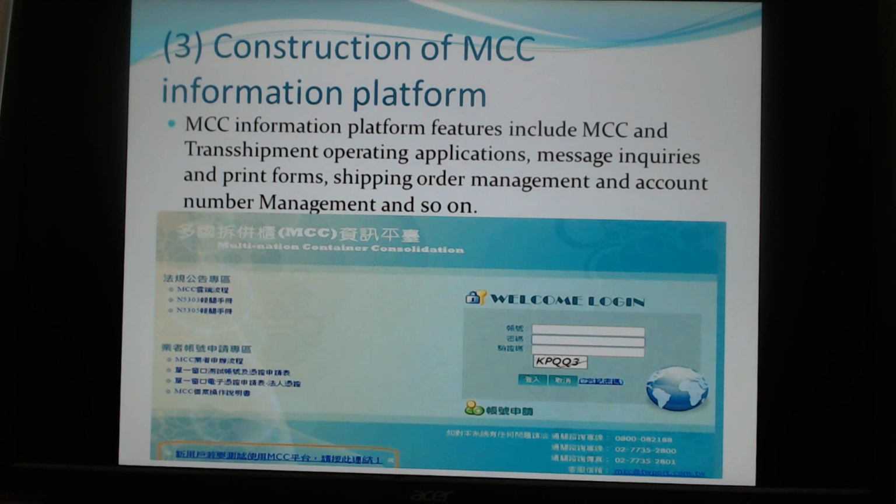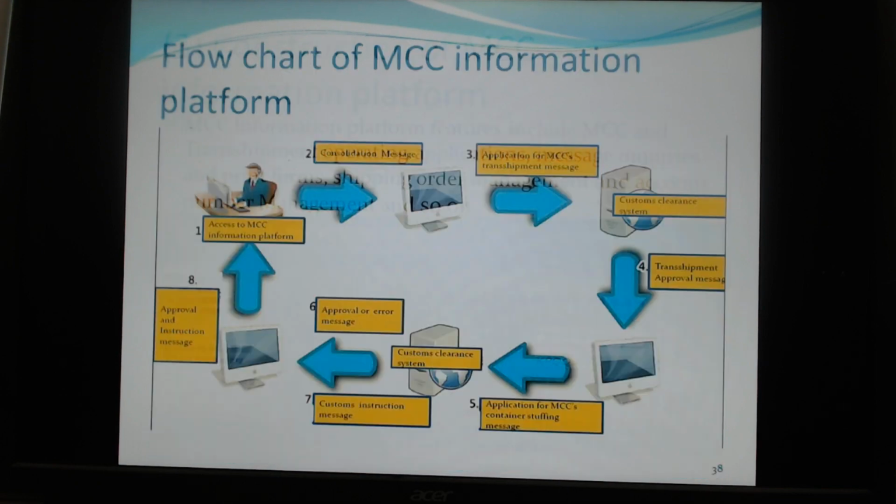You can use this MCC information platform to apply for customs clearance and messaging. This is the flowchart of the platform: access the MCC information, then console messages and apply for MCC transshipment messages, connect with the customs clearing warehouse system and transshipment warehouse, and finally finish.